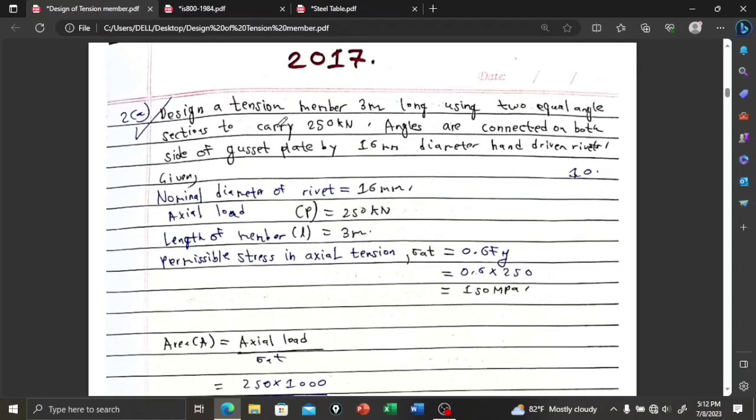This question was asked in 2017. Design a tension member 3 meter long. The length is 3 meter. Using two angle sections, we need to use two angle sections to carry an axial load P of 250 kN. Angles are connected on both sides of the gusset plate. If this is the gusset plate, this is one side and this is the other side. So angles are connected on both sides of the gusset plate.